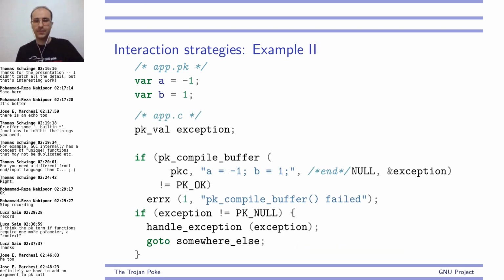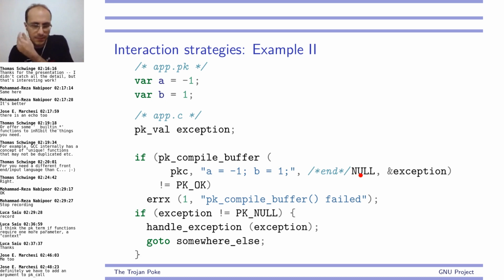Okay, and here is an example of the second strategy. We have the same variables but no functions to reset them. So I'm going to use pk compile buffer. And here you see the first argument is the pkc as always, and I'm giving the compiler these two statements.